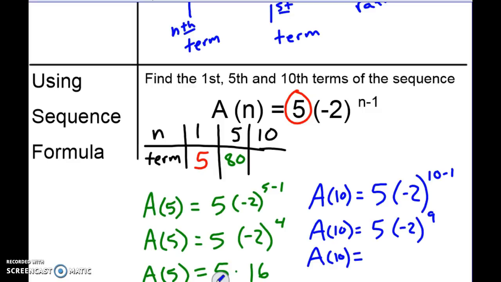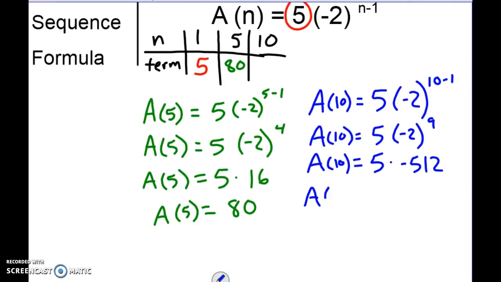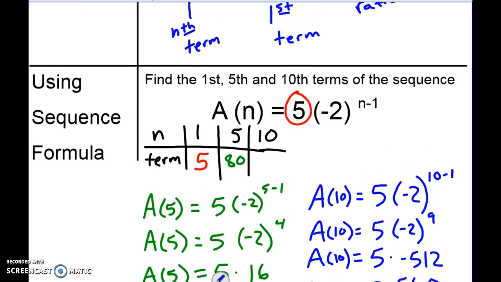A negative 2 to the 9th means that we're going to have a negative answer, which is negative 512. When you multiply that by 5, you get a rather small answer, since it's negative. We get negative 2,560.